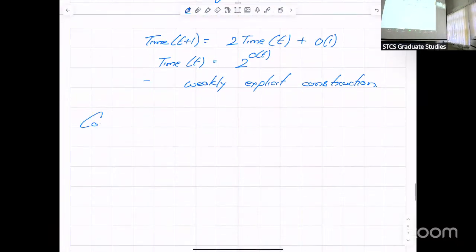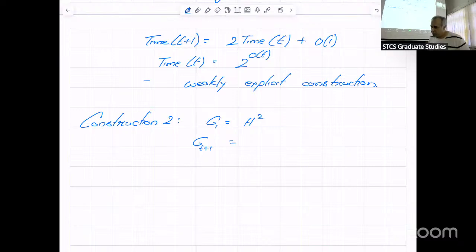Construction 2. We haven't yet used just the tensor product in this. H is once again the same, G1 is H square. G t plus 1 is going to be G t by 2 tensor G t by 2, whole square, zigzag with H. So we will take G t by 2, tensor it with G t by 2.